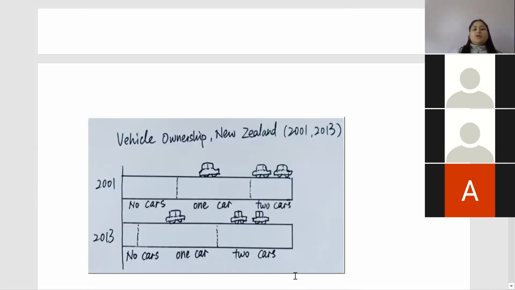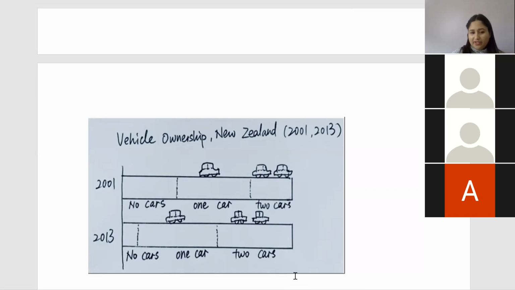Okay. So it says vehicle ownership in New Zealand in 2001 and 2013. So basically, what kind of information is there in the note? What do you see in here? Ownership depending on the number of cars. Exactly. But what do you see? These are the bars.